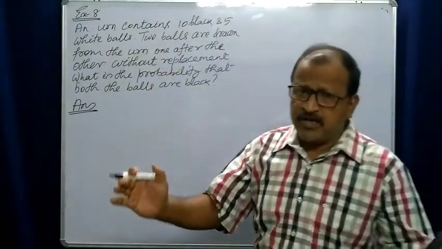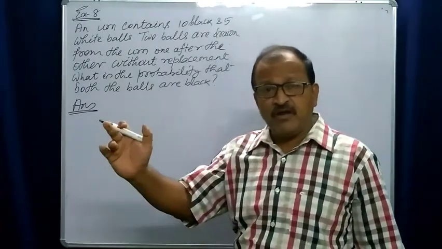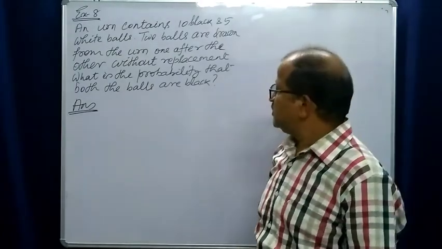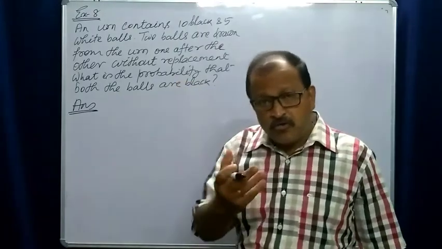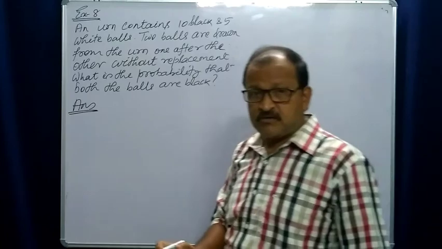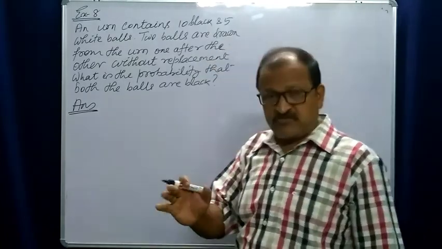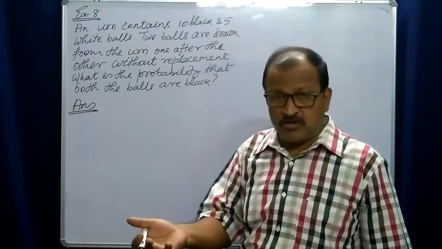An urn contains 10 black balls and 5 white balls. We will draw two balls, but one after the other without replacement. There are two ways: with replacement, without replacement.